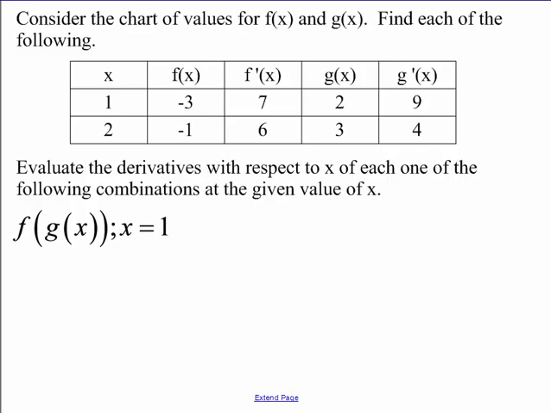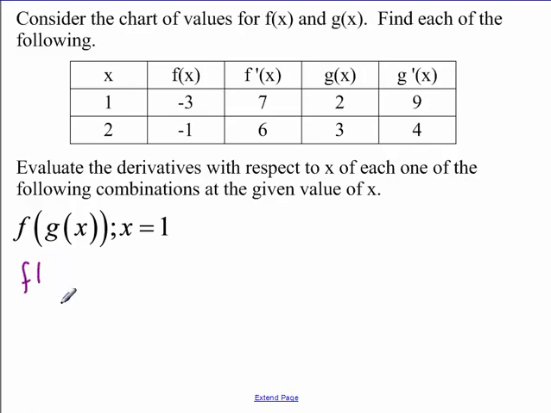In our next example, it's one of these chart of values questions, and I always like these questions. These are always going to show up on quizzes and tests. So if I have to find the derivative with respect to x at x equals 1, you have to remember your chain rule here.